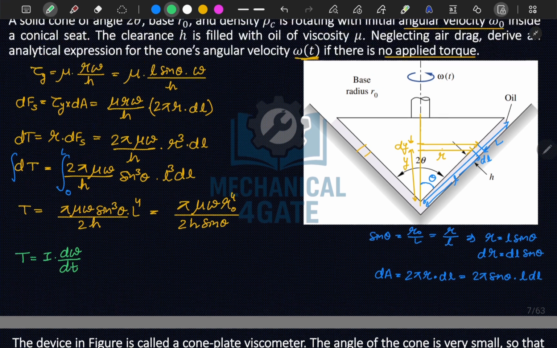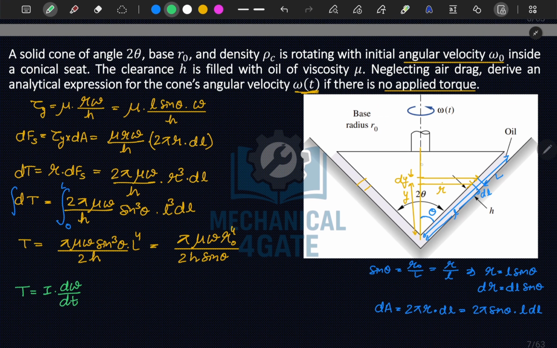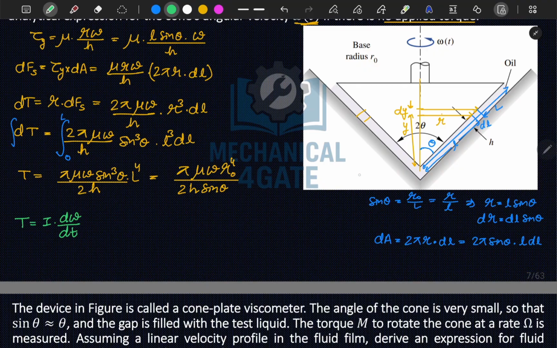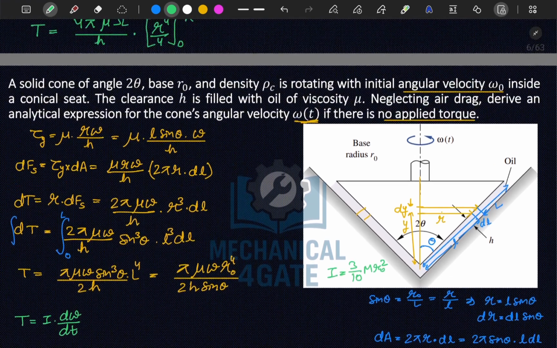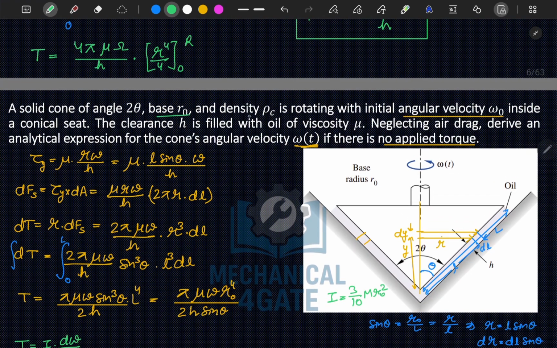Now for this cone, we know that I along this central axis is equal to 3 by 10 m r naught squared. You can also derive this formula for the mass moment of inertia. We have been given that the base radius is r naught and the density is rho c.